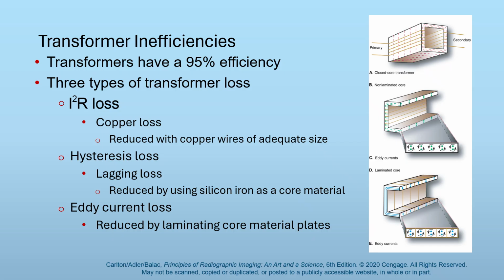You'll get smaller ones. So you won't get F5s, you'll get like F1s. You'll still get eddy currents, but they'll be reduced. Okay.